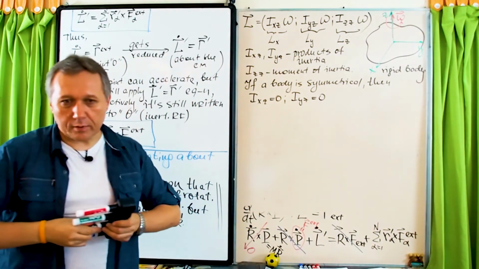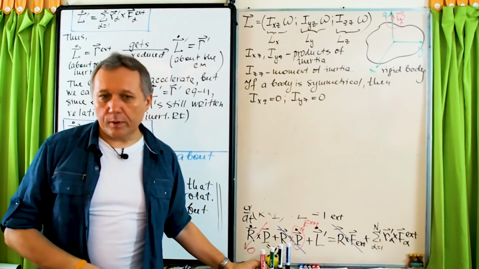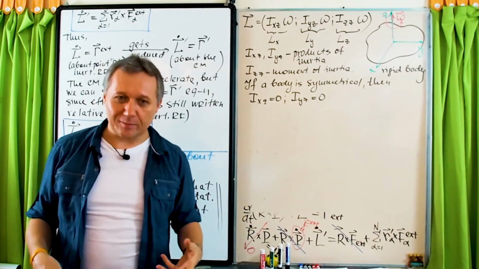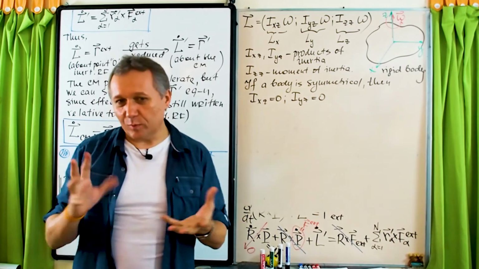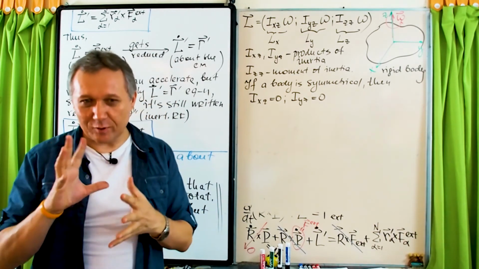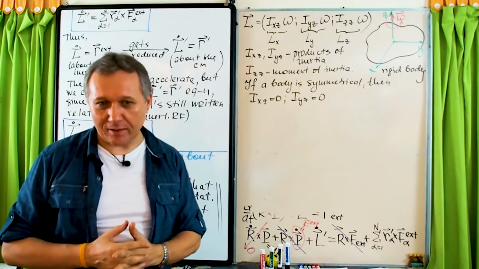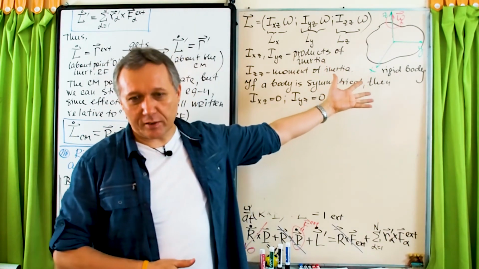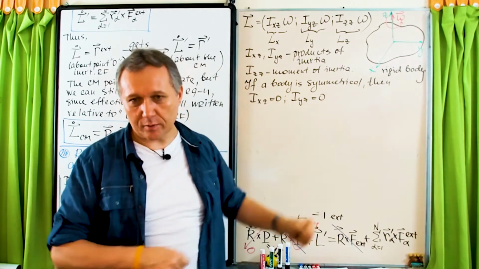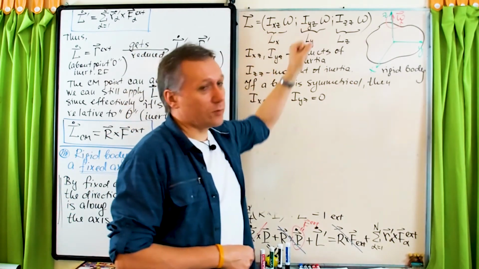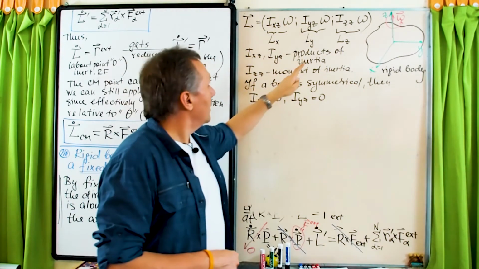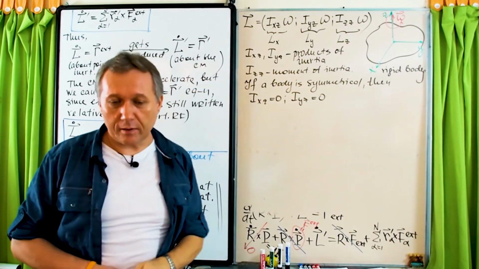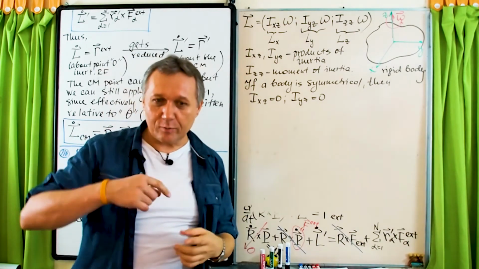Basically, when you go to the garage to have your wheel aligned, what do they do? They just put it on a spinning system and start adding some small objects, so as to change the distribution of mass. They're trying to make your wheel as symmetrical as possible about the axis of rotation, so that this and this will be 0, and angular velocity will be aligned along the angular momentum, so that there wouldn't be any wobbling.